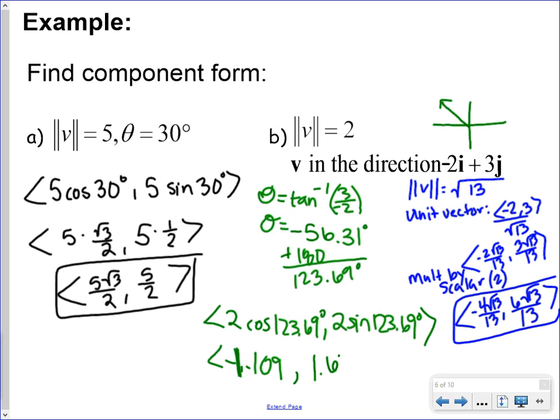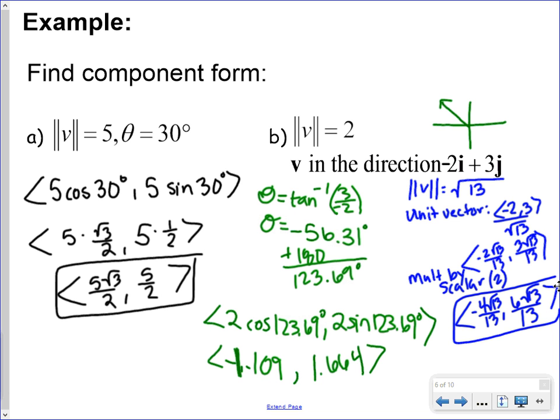Okay. So if you wanted to, you should be able to do the work that Lily gave us. If you type in negative 4 square root 13, make sure you close your parentheses if one opens, and then divide by 13, you should get negative 1.109, all that other stuff. And same for 6 square root 13 over 13, you should get the 1.664.